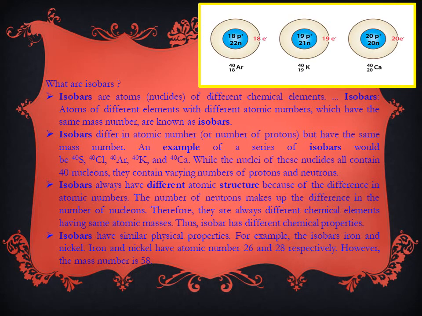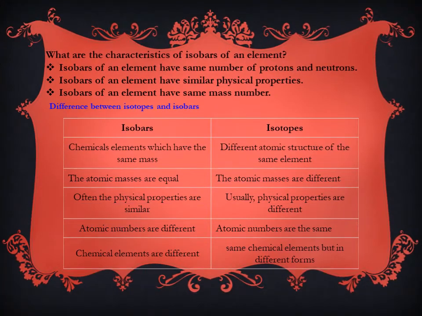However, the mass number is the same. This is 50. What are the characteristics of isobars of an element? Isobars of elements have the same number of nucleons. Isobars of elements have similar physical properties. Isobars of an element have the same mass number.